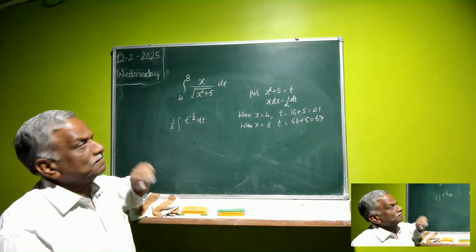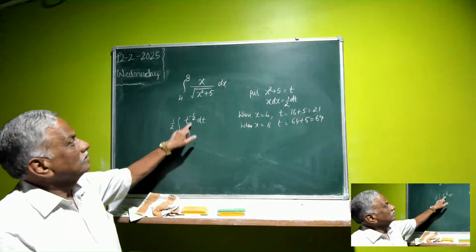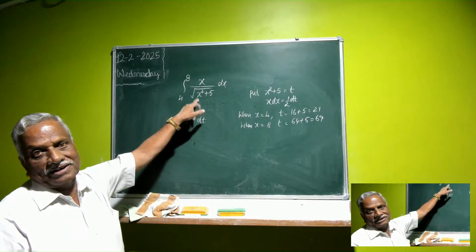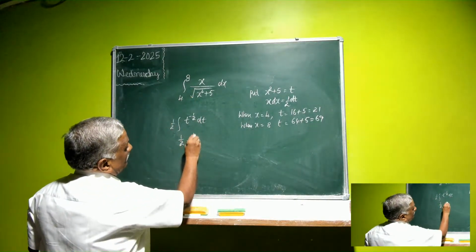T to the power of minus half. Now, because it is a denominator, I have to take it to the numerator. What is the integration of t to the power of minus half?